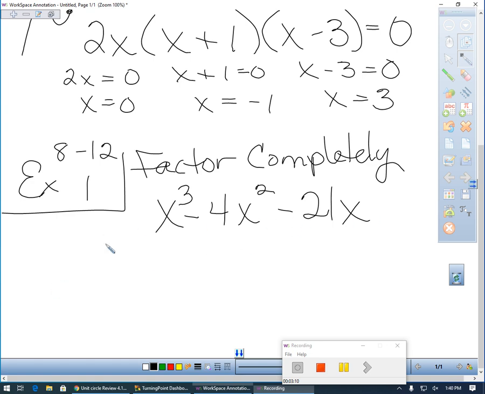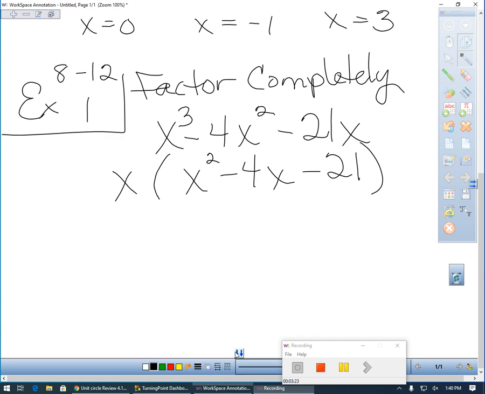Good. We can take an x out. What does that leave us with, Brady? Good. Then what do you want to do to continue factoring this? Good. So negative 21 on top, negative 4 on the bottom. What are the sides? Good. Negative 7 and 3. Do I have to do the box in this case? No?